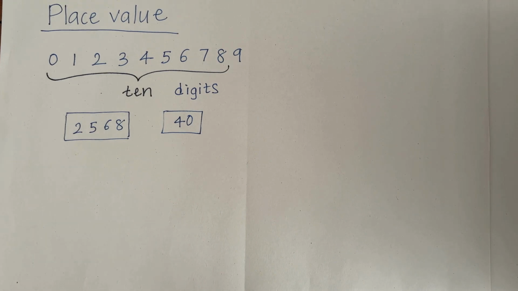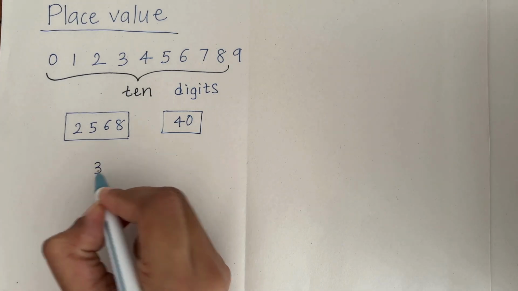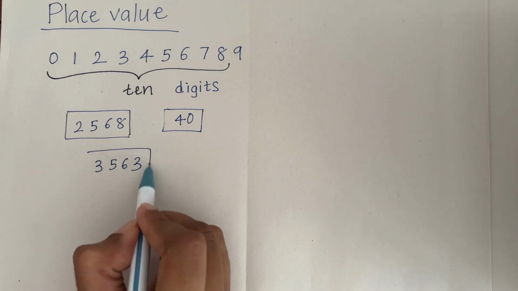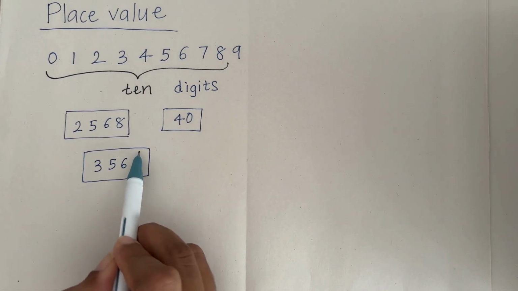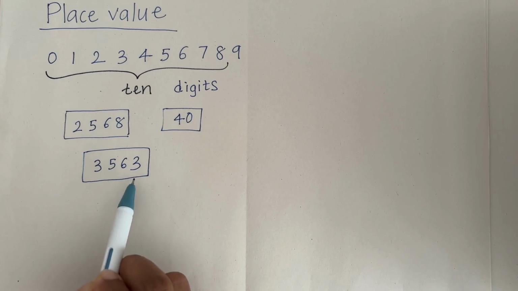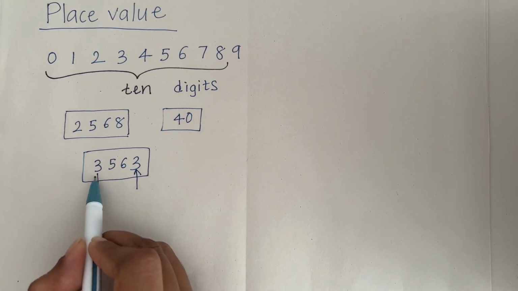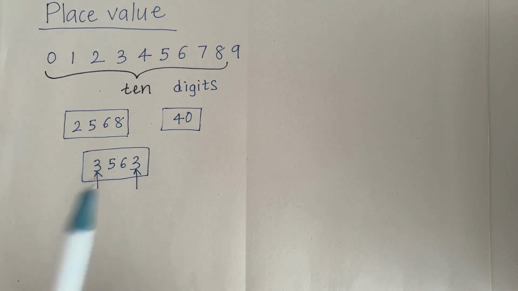So I want to highlight a point here. If we consider a number like this, you can see there are two 3s. The digit 3 we can see here, and also here, the same digit 3.